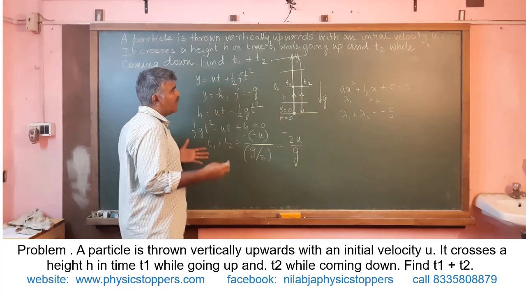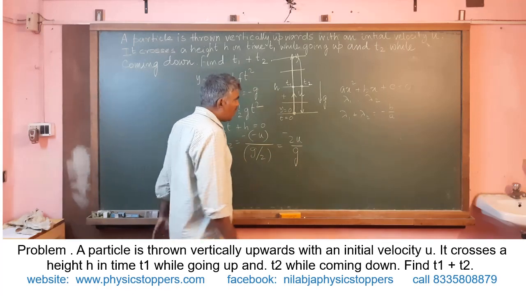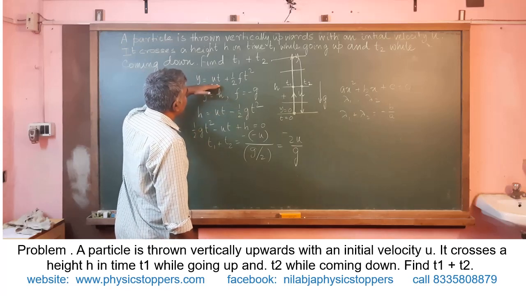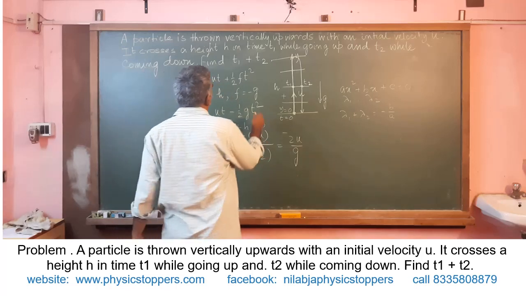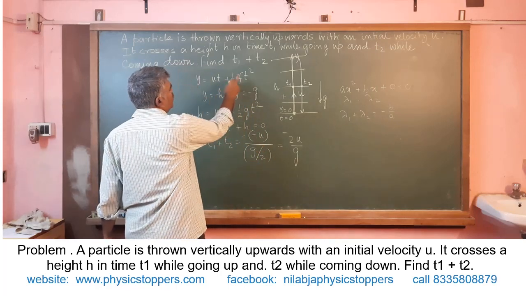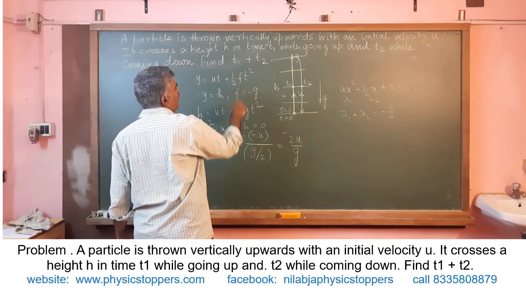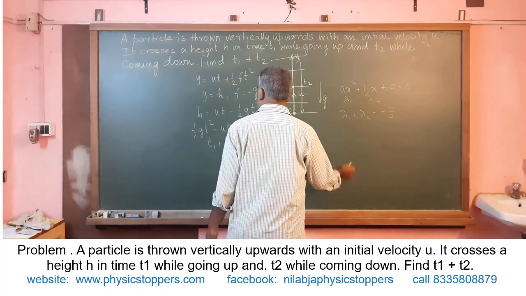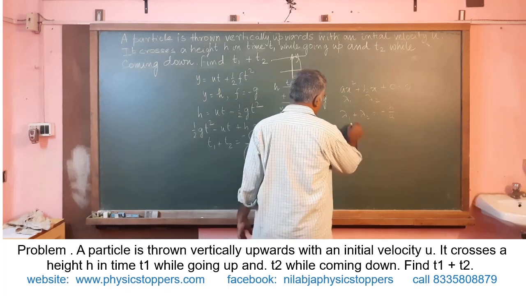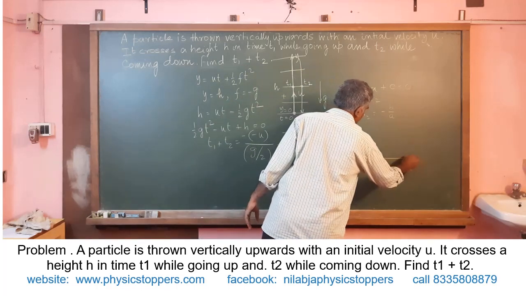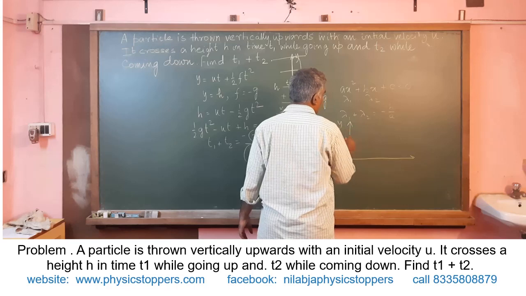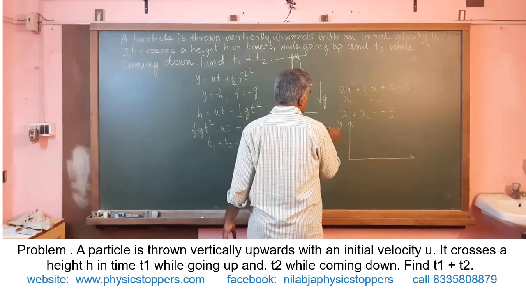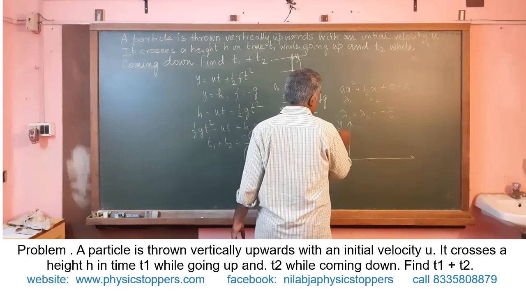Now, what exactly is happening? If I plot this, y equals ut minus half g t square, keeping f as minus g, what is the displacement-time graph?